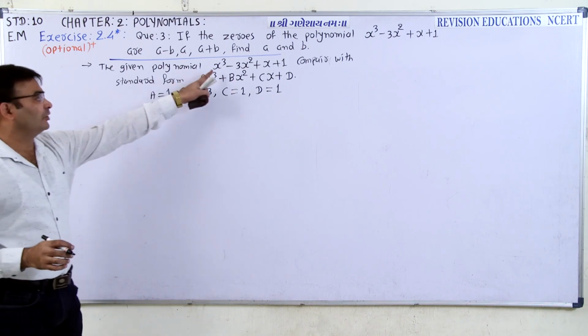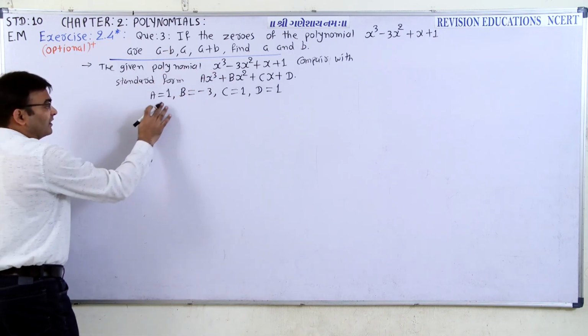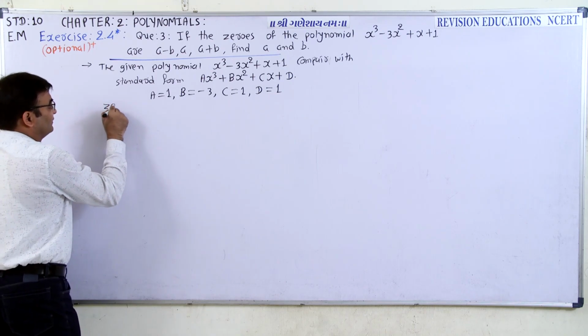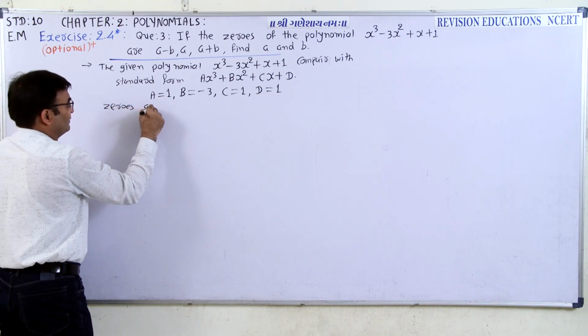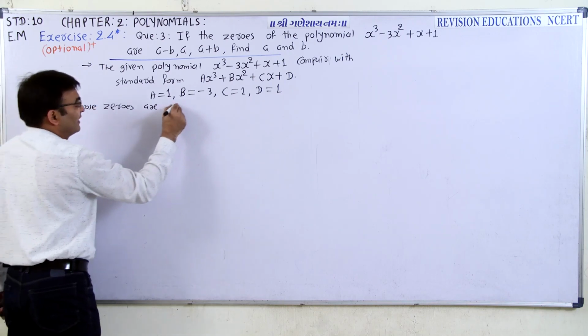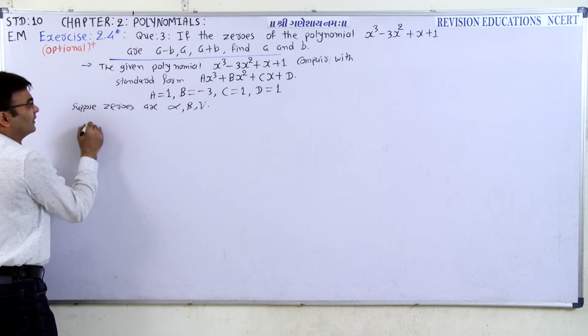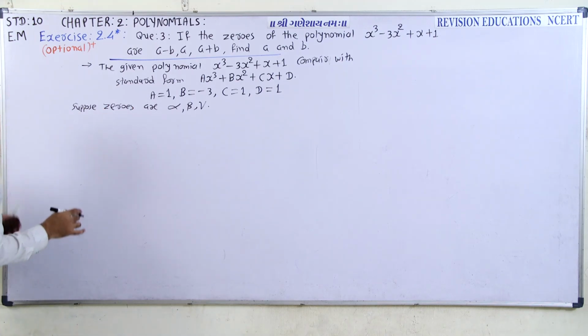Here is the cubic polynomial, so its zeros are given. Suppose the zeros are alpha, beta and gamma, so we take the sum of the zeros. What is the formula for the sum of the zeros?